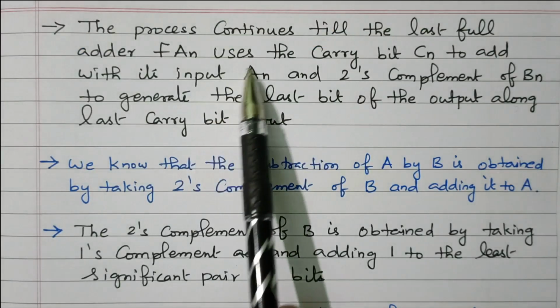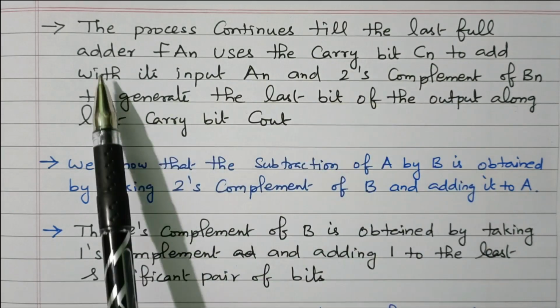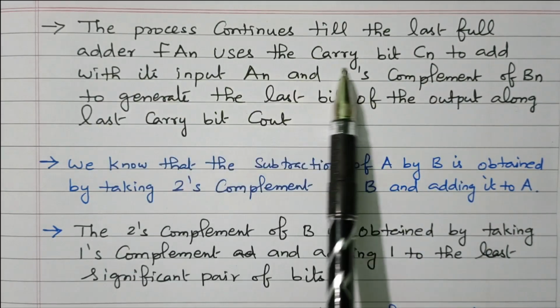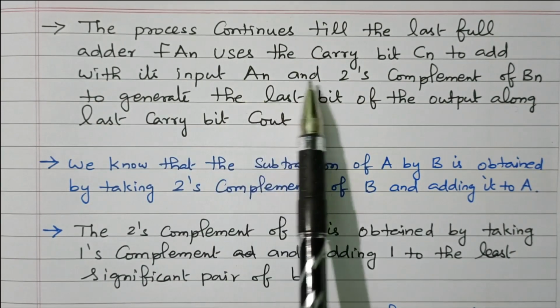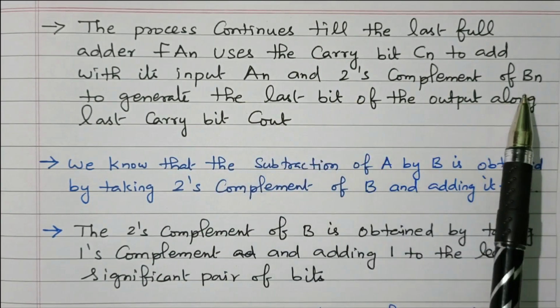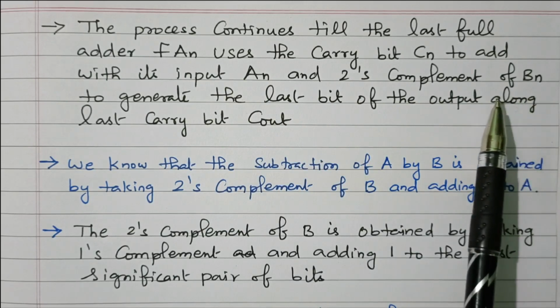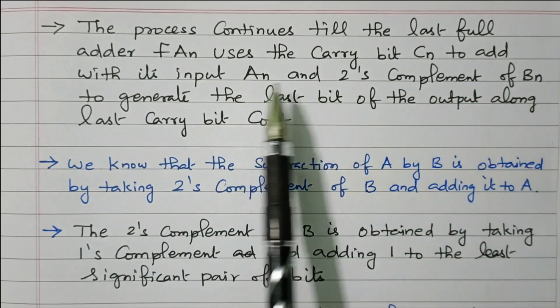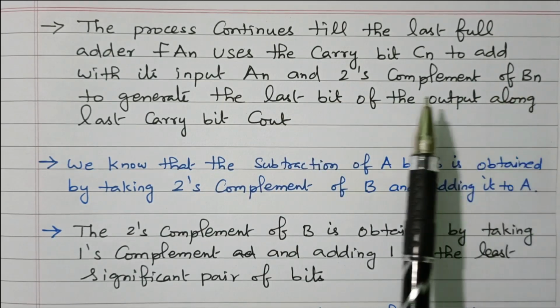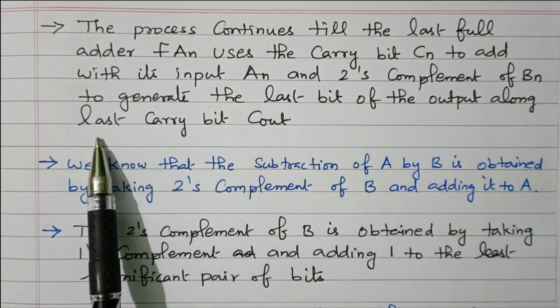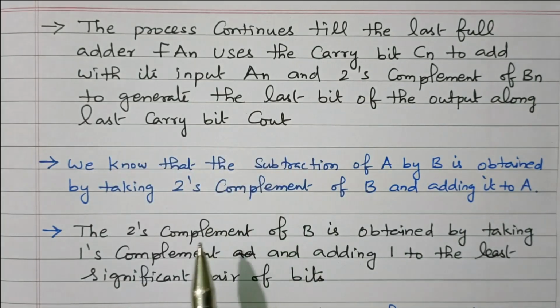The process continues till the last full adder, FAn, uses the carry bit Cn to add with its inputs An and the 2's complement of Bn. Right? A1, B1, A2, B2 up to An and the 2's complement of Bn are added, and at the last bit the carry is generated, that is the carry out.